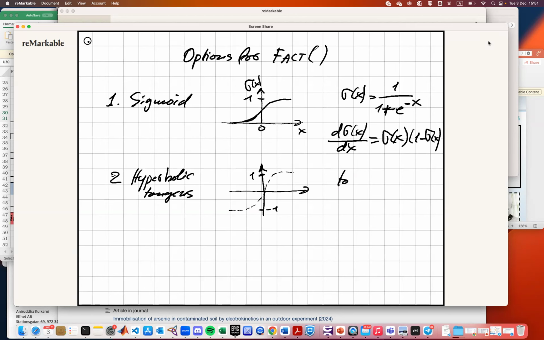So basically, tanh of x is e^x minus e^(-x) divided by the sum of these guys, e^x plus e^(-x). And d tanh/dx is 1 minus tanh squared of x.